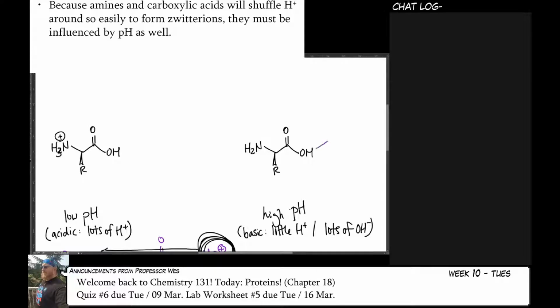But this side over here, this H will pop off because if there's tons of OH minus here, these two will react to make water. So what that means is that this side becomes this.